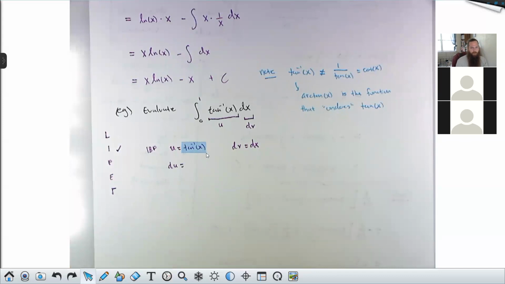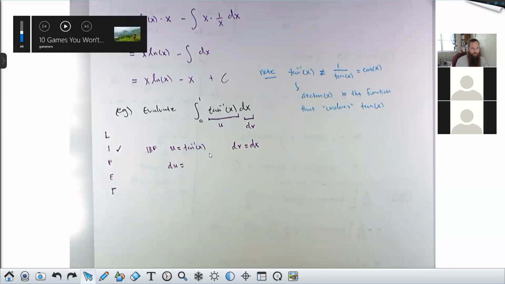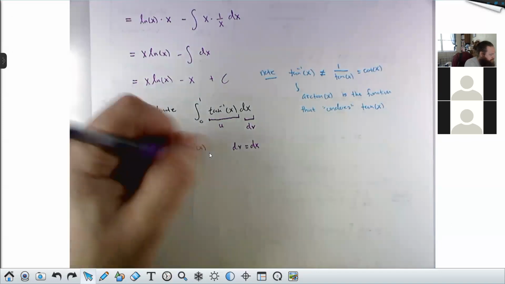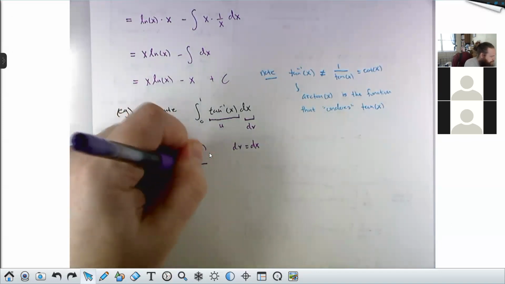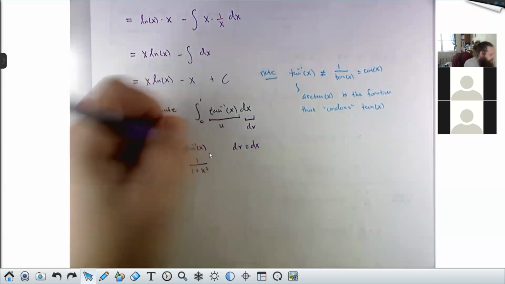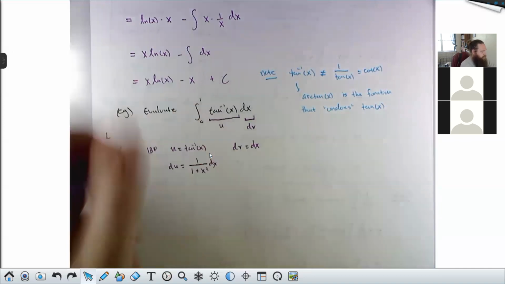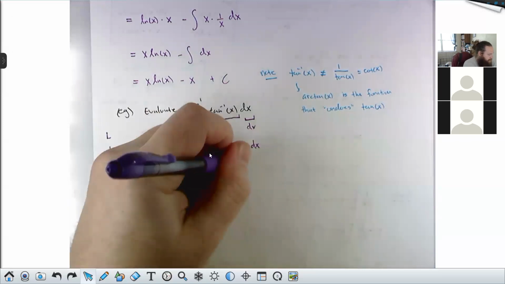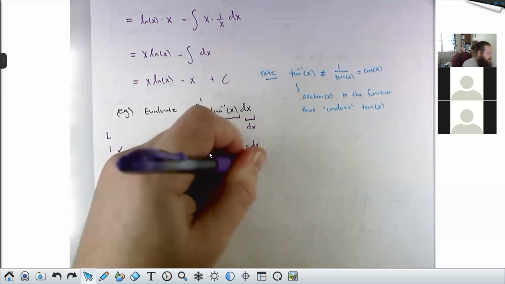What's the derivative of this guy? One over 1 plus x squared. Very good. So the differential would be 1 over 1 plus x squared times dx. And here v, the integral of dx, is just x.